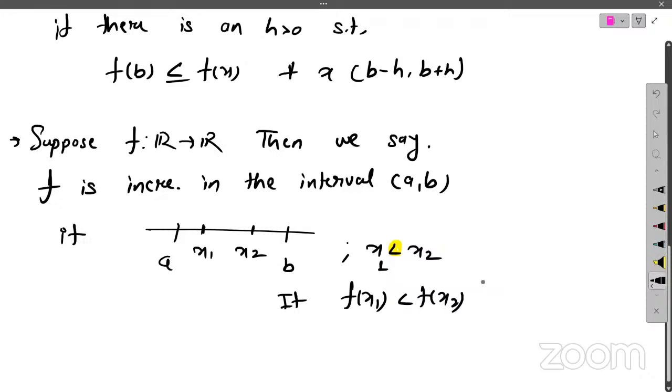But this condition is satisfied when we are approaching from a to b, and b must be greater than a.